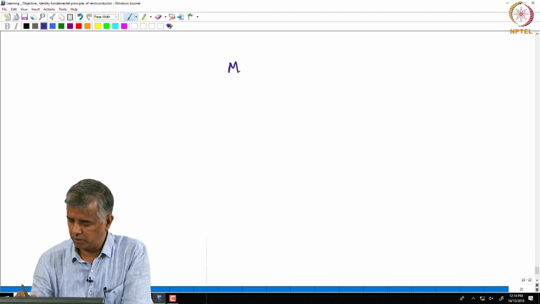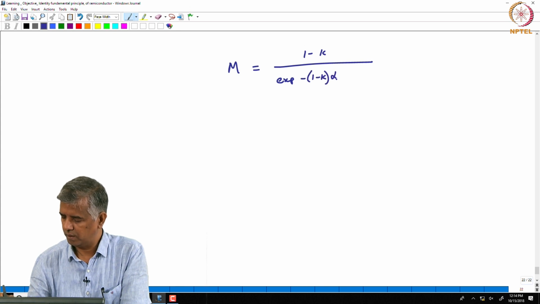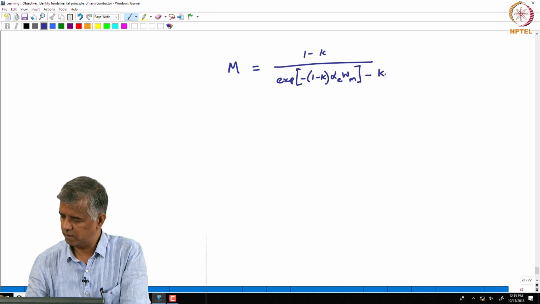If we do that, M equals 1 minus k divided by exponential of minus (1 minus k) alpha e W m, minus k.